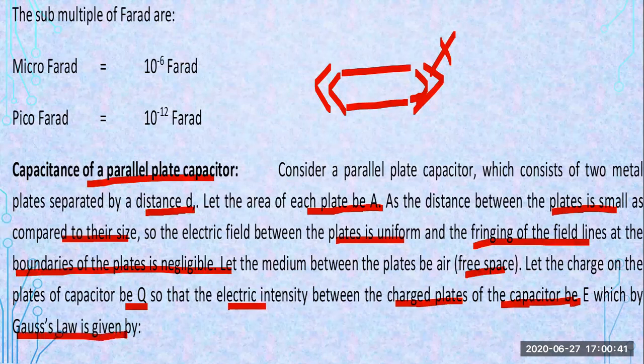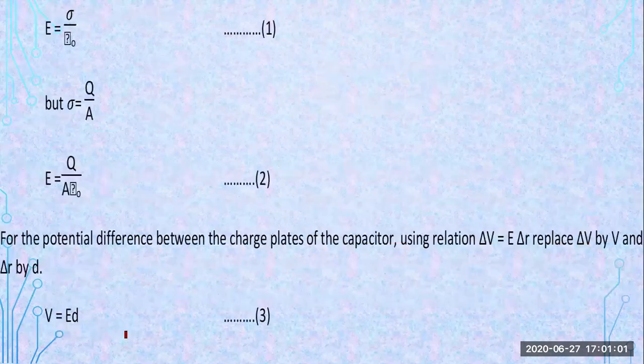Now from here our step starts. Up to this is the same. There are two plates. Inside there is an electric field due to the charges, and the plate size is more than the distance between the two plates, so that a uniform and strong field is produced.